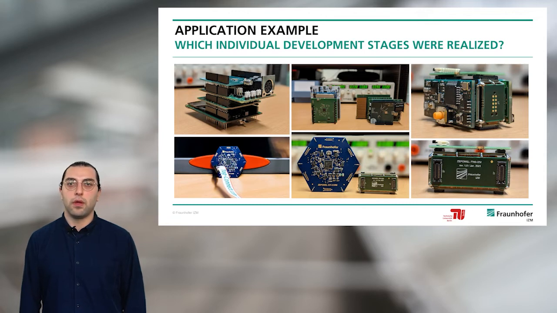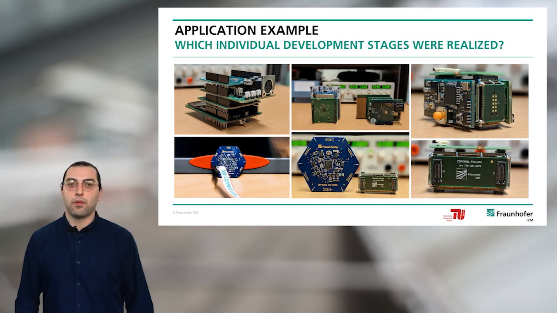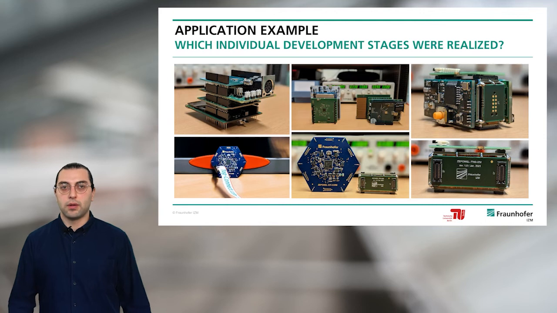You can see on the left side above this stacking solution, which we used for our development, for programming, to test the interfaces, and so for the first development stage, the stacking solution, as you can see also in the middle above, was used. It's easy to realize, but not an integrated high-quality solution.